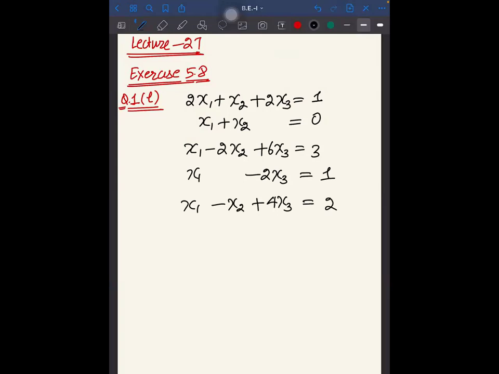So this is the system of equations which is given to us. Of course, it's slightly bigger, but it contains only 3 variables, right?